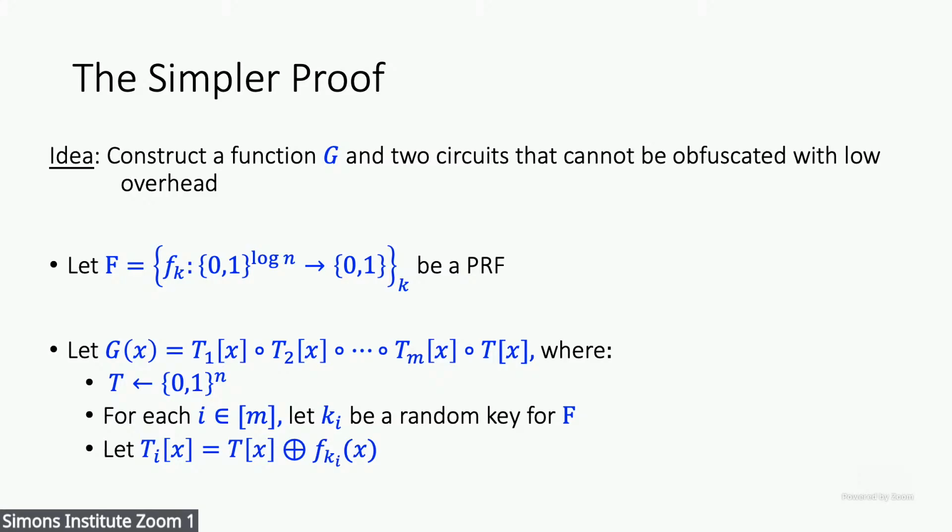The point here is that even if I know the value of t, these functions look like a random function. This is what I need. So this is the function family, the concatenation of all these functions ti for every i and the last function t.